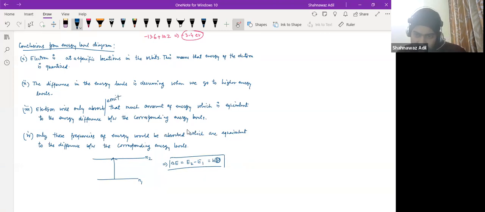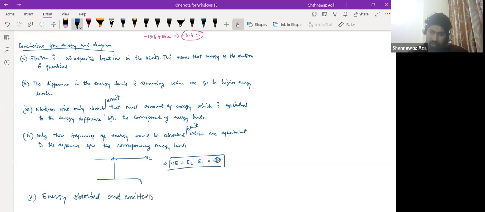And in here you can also write that the energy absorbed and emitted are the same. Whatever amount of energy you give this electron to increase its energy level, the same amount of energy it will emit.